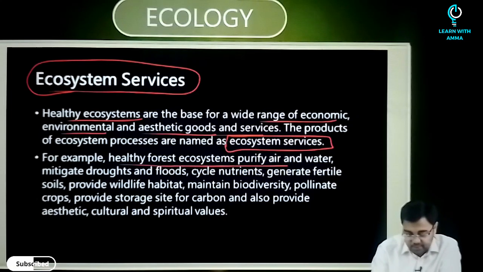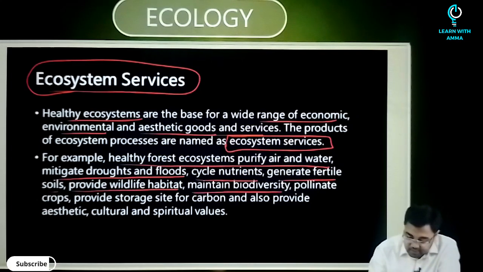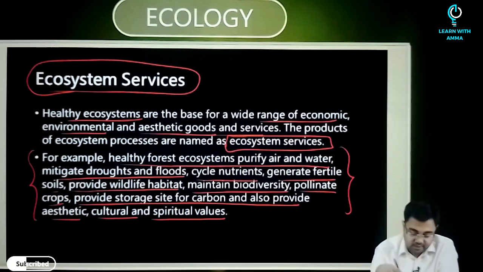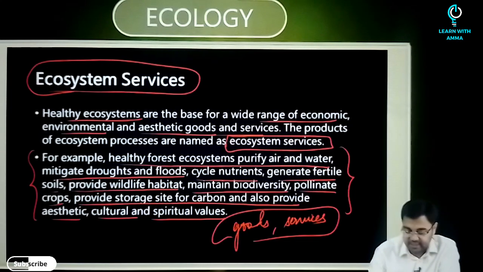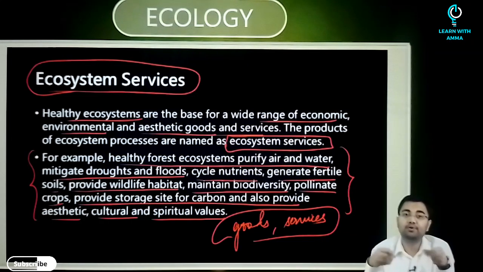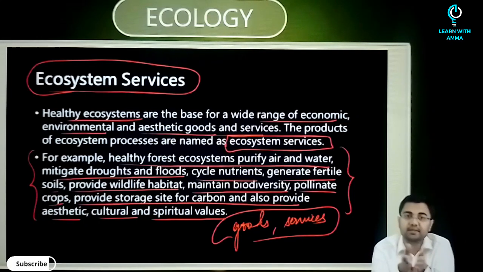A healthy forest ecosystem purifies air and water, mitigates droughts and floods, cycles nutrients, generates fertile soils, provides wildlife habitat, maintains biodiversity, pollinates crops, provides storage sites for carbon and also provides aesthetic, cultural and spiritual values. So if we have a healthy forest, so many goods and services can be extracted from such an ecosystem. All these kinds of services which are being provided for free by the ecosystem, if you are maintaining the ecosystem well, are called ecosystem services.